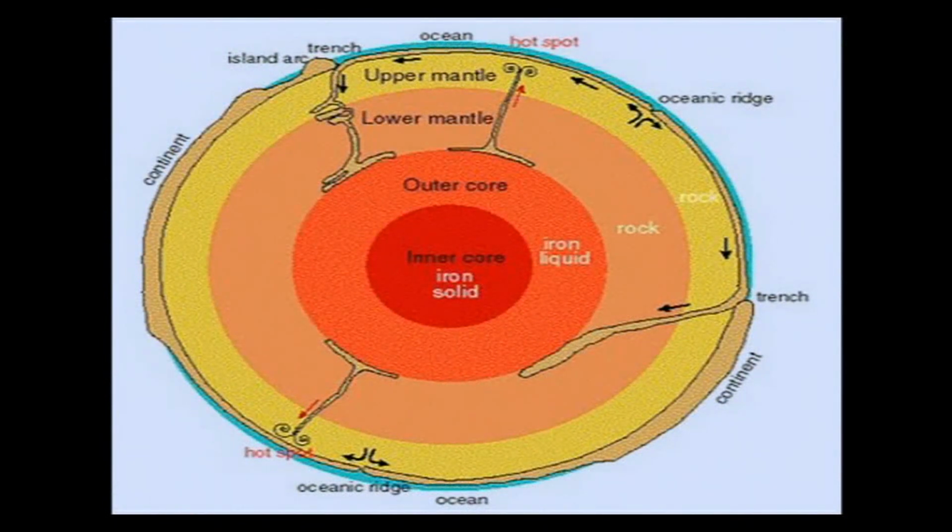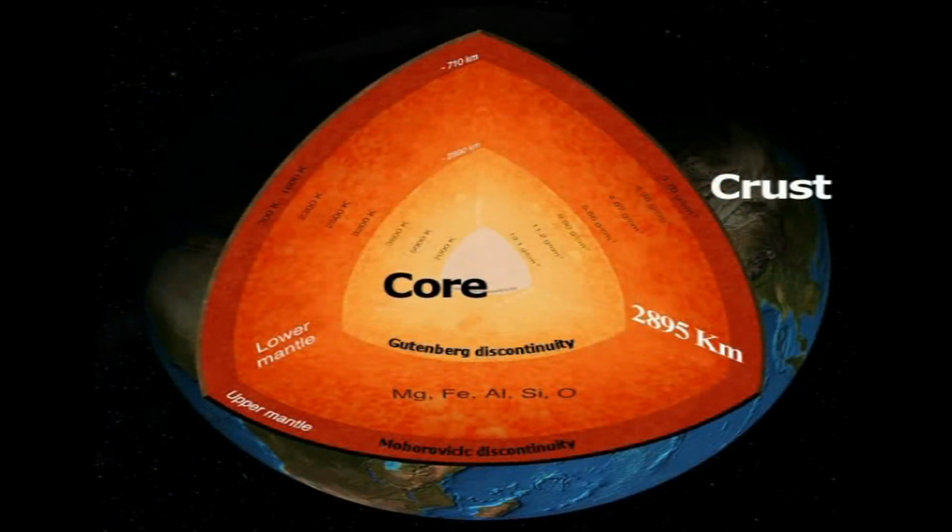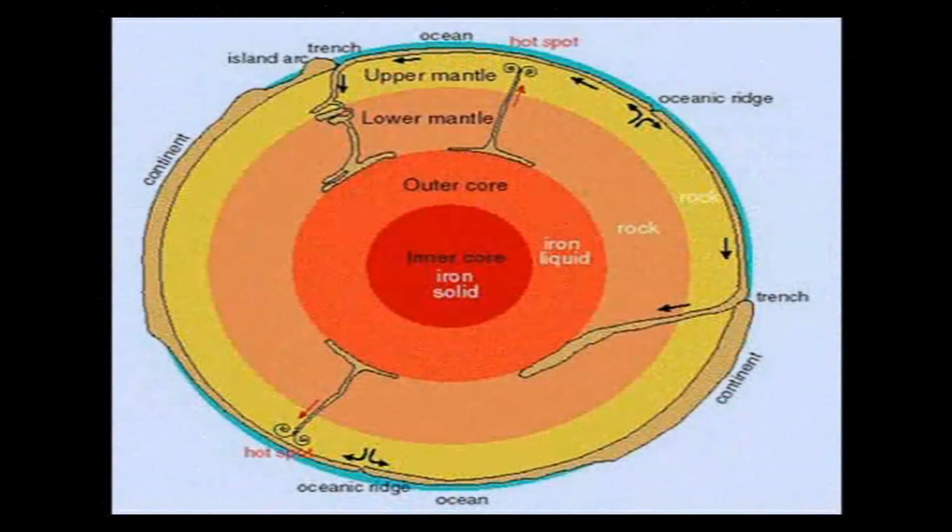Further below the mantle, when you go towards the interior of the Earth, is the Earth's core, which is further subdivided into outer core and inner core. The boundary between the mantle and the core is known as the Gutenberg boundary. There are still some speculations about the exact nature of the interior of the Earth.